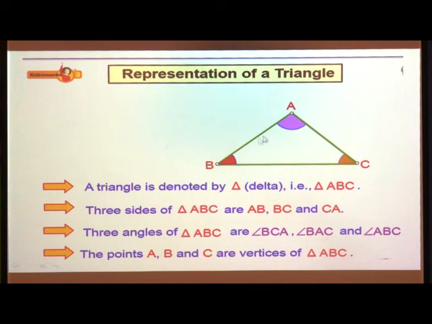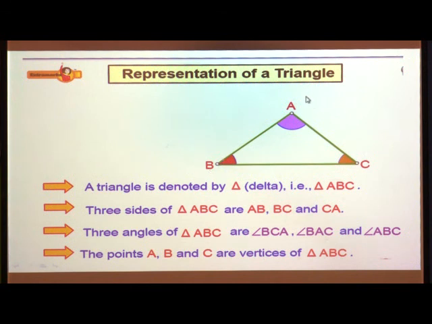We know that when 2 arms are joining, we get a meeting point and an angle is formed. So let us read the names of the angles. Angle BCA, where C is the vertex, angle BAC, where A is the vertex, and angle ABC, where B is the vertex.